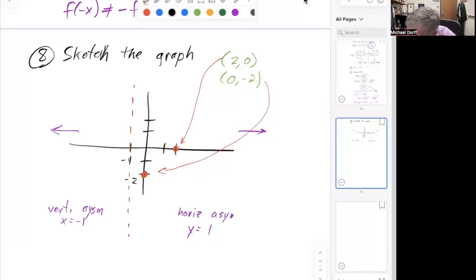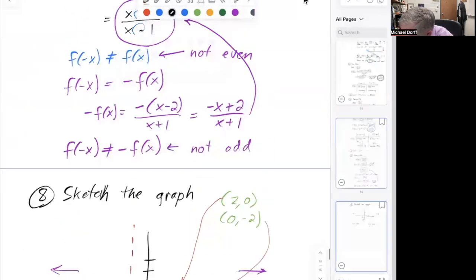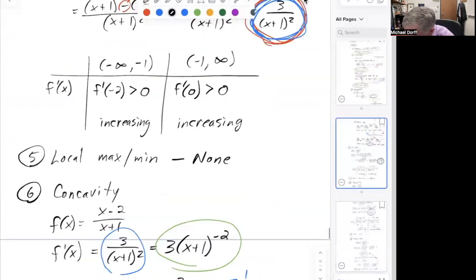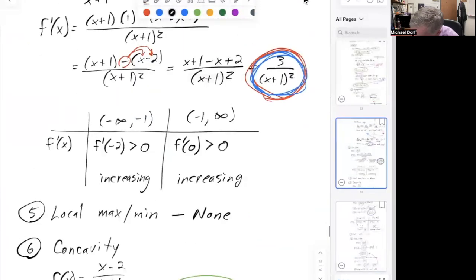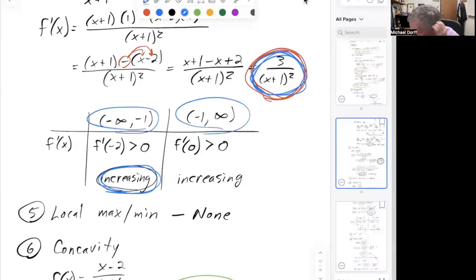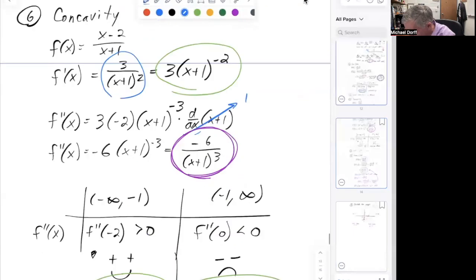Okay, then let's see, what did we have next? We had increasing and decreasing. So we saw that it was increasing. Let me draw this in a different color. Increasing on both of these intervals, from -infinity to -1 and -1 to infinity.